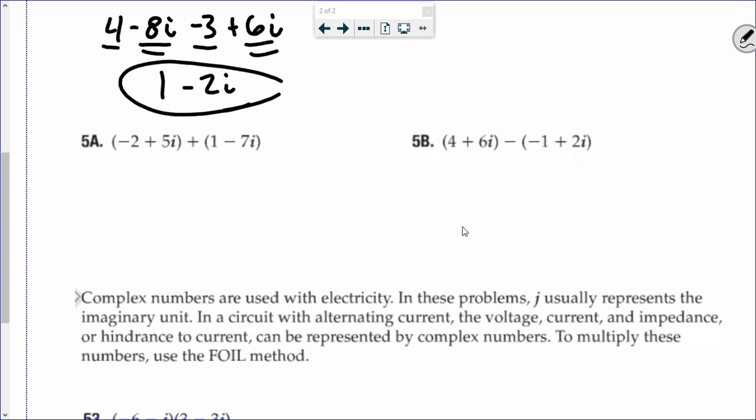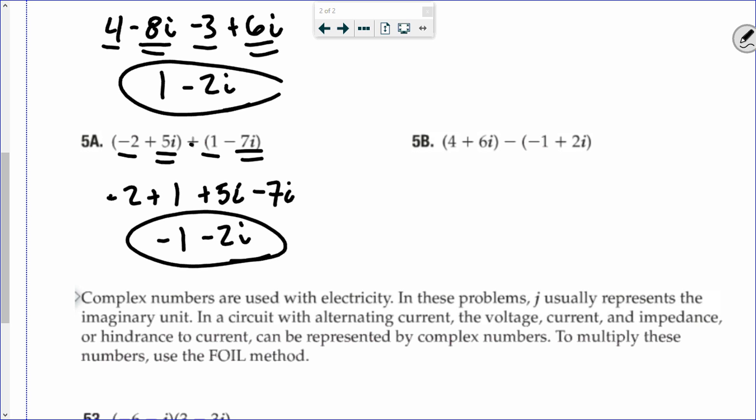All right, so on this first one, combine the real parts, so negative 2 plus 1. Combine the imaginary parts, 5i plus negative 7i, so that'd be minus 7i. So negative 2 plus 1 is negative 1, 5i minus 7i, that's negative 2i. Okay.